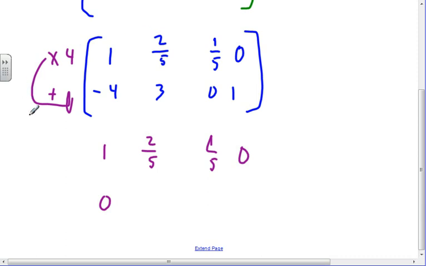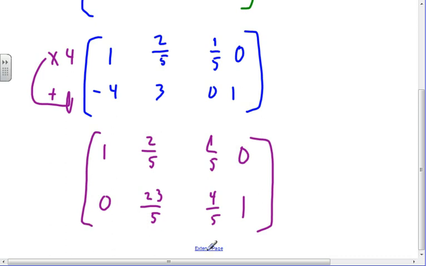I add 8/5 to 15/5, and I get 23/5. And then I add 4/5 to 0, and I add 0 to 1. Okay, so that's where I am now.